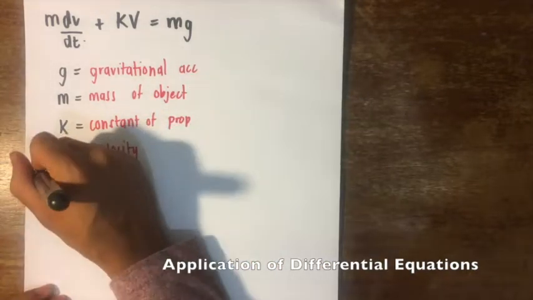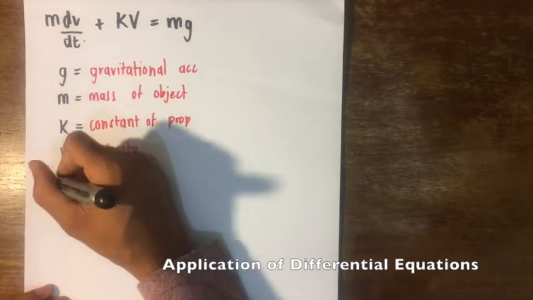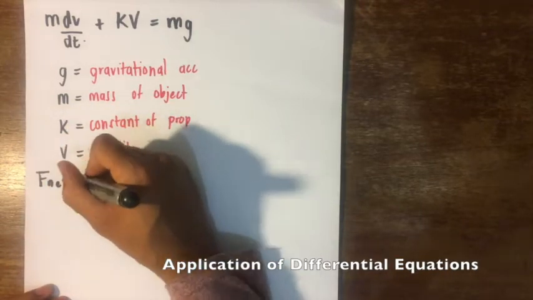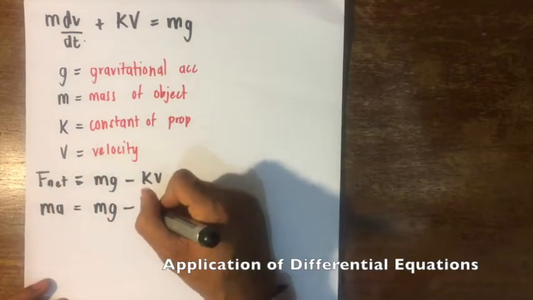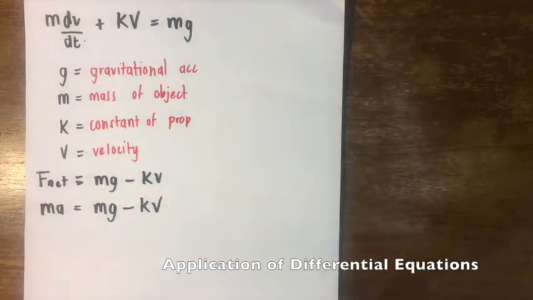Okay, so there are two forces acting on the ball while it is in free fall: a downward force caused by gravity and an upward force caused by drag. These are the two equations you can find.